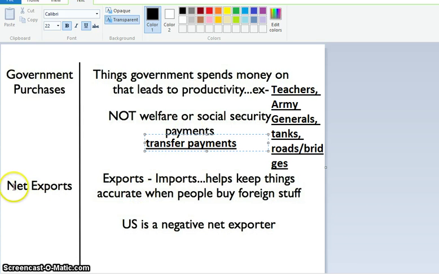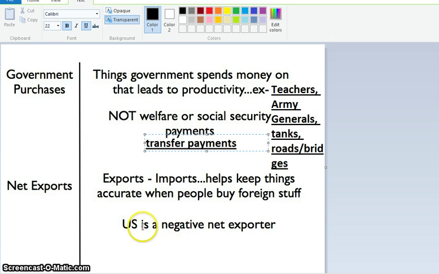The last one is our NX, which is net exports. It's the balance between the goods we ship out that are made here, and so those add to our GDP, and the imports that we bring in, which makes our GDP go down, and it just provides this countermeasure for the trading that a country incurs.